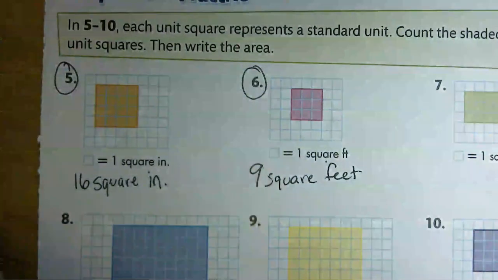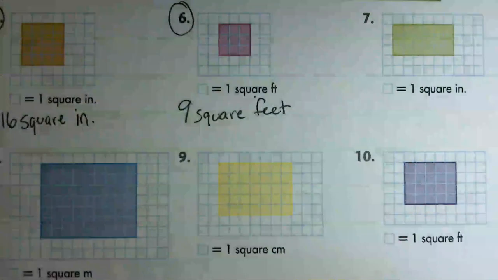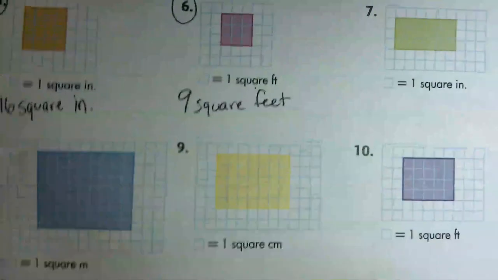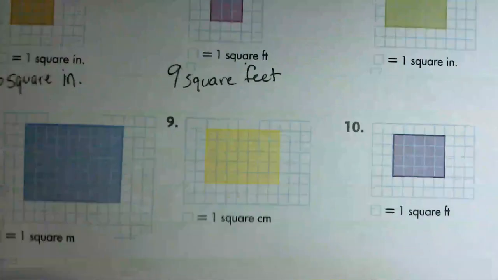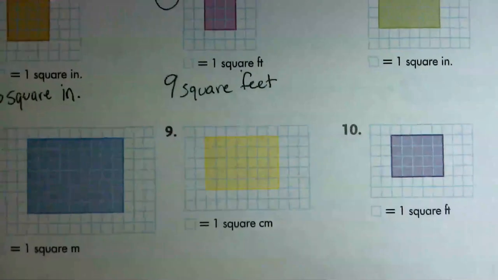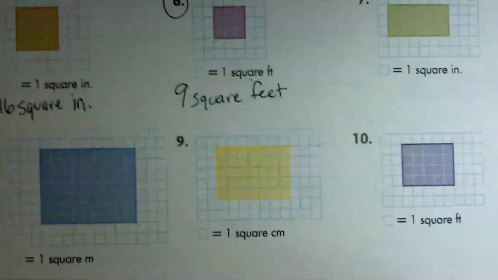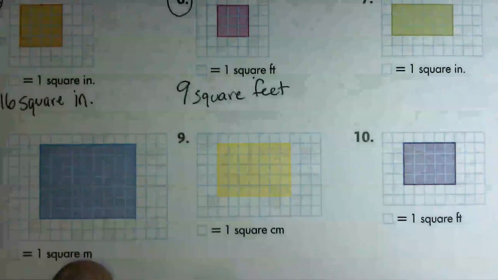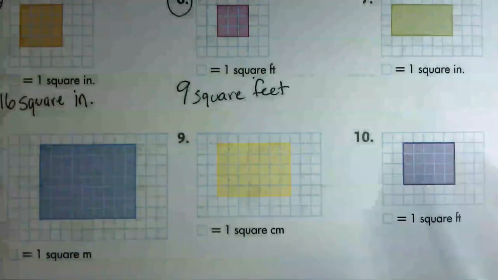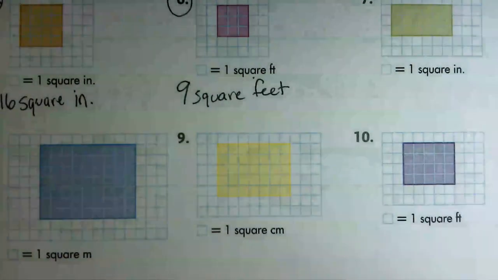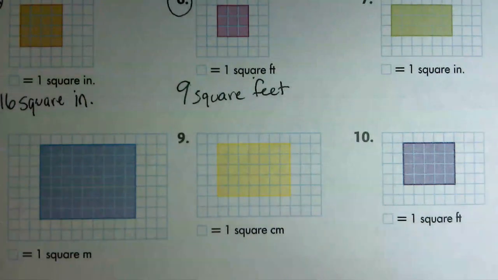Make sure on every single problem that you double check to make sure that you have written in the correct units that you're supposed to be using. I know that they can get tricky, but you've got to check what your units are going to be every time. The difference could be really big and really different, which is why you always want to check what those are going to be.